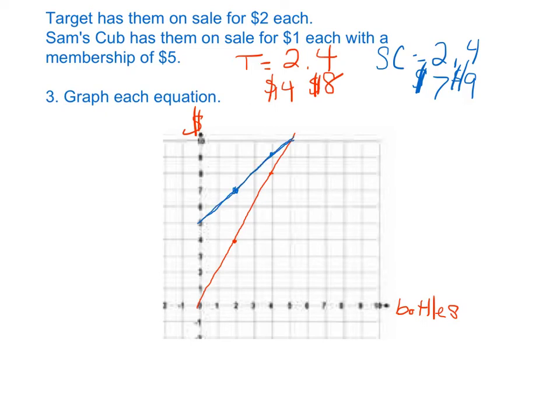All right. The one thing that we're going to be able to use after we figure this out, especially this information right here, is where do they meet up? Where is that point of intersection?